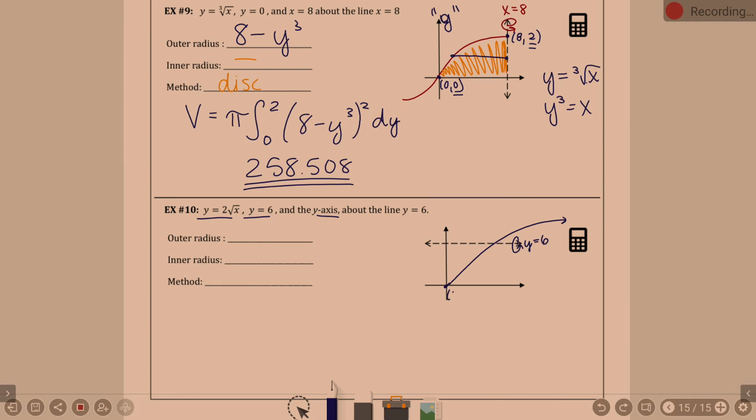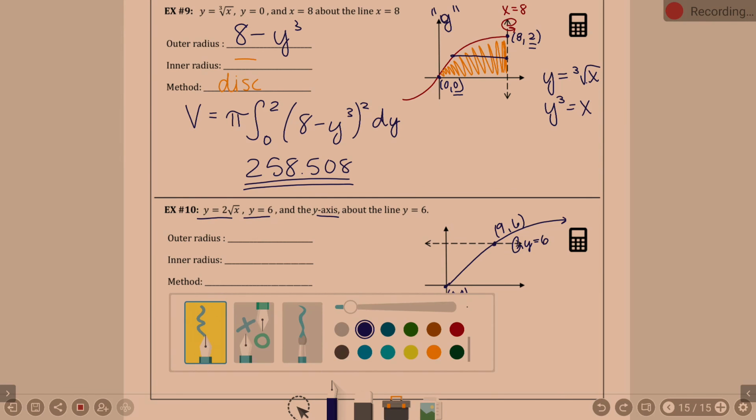You're going to have to find that intersection point also. It's going to be something comma 6. 2 times what is 6? 2 times 3, so it would end up being 9 comma 6. That's just me doing some mental math because I'm running out of time.